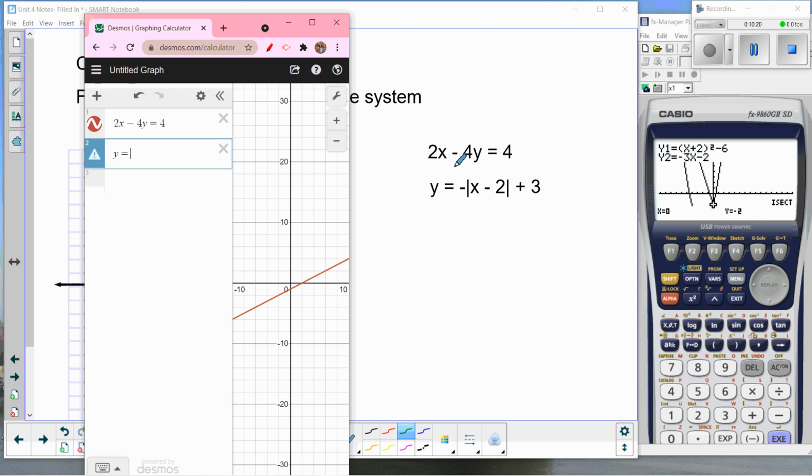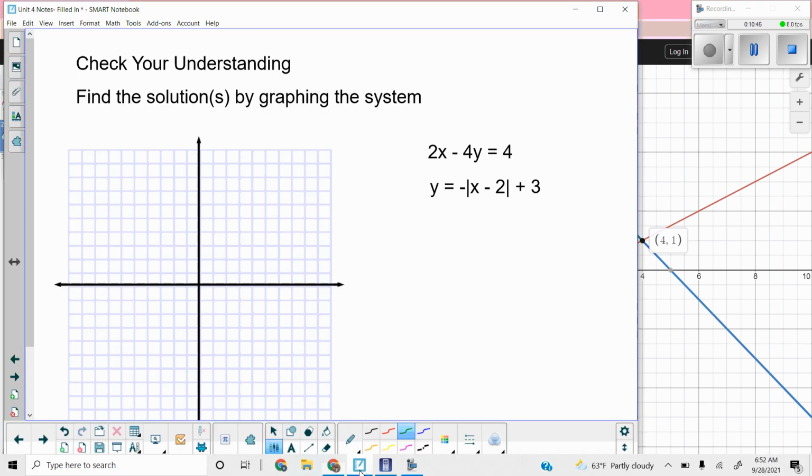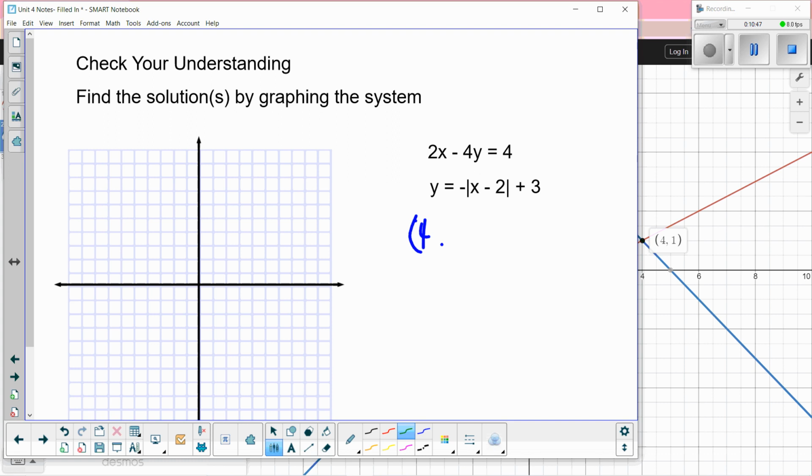And then y equals negative the absolute value of x minus 2 plus 3. Now I'm going to make this larger. We can see where our graph's crossing, (4, 1) and (-4, -3). So the solutions to this one would be (4, 1) and (-4, -3). And that was solving systems by graphing.